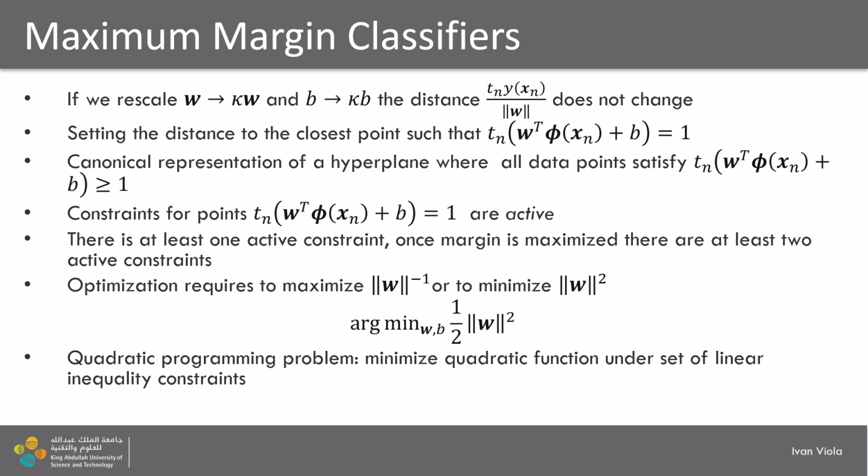So this would be a complicated optimization procedure. Therefore, we will be defining a simple way how this can be achieved. First, we can note that if we rescale W by kappa W and b by kappa b, the distance does not really change, because we have W in the numerator and its square in the denominator, and it will always be normalized by this square of the weights.